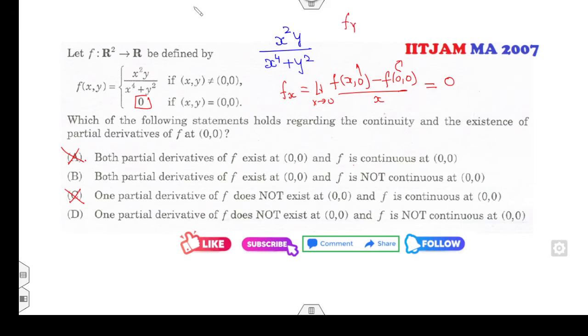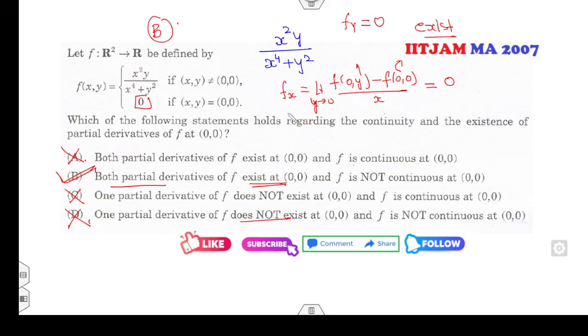Similarly, when you take f_y, that component will be replaced by f(0,y). Whenever it is (0,y), f_y is also 0. Yes, both limits exist, both partial derivatives exist. B is the right answer of the problem.